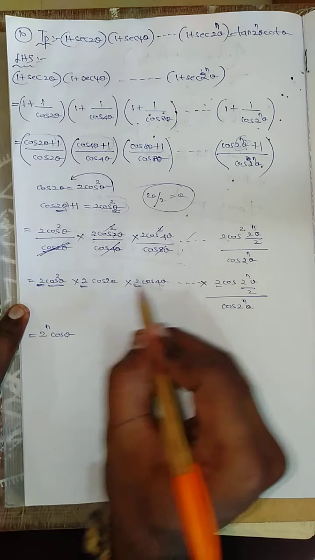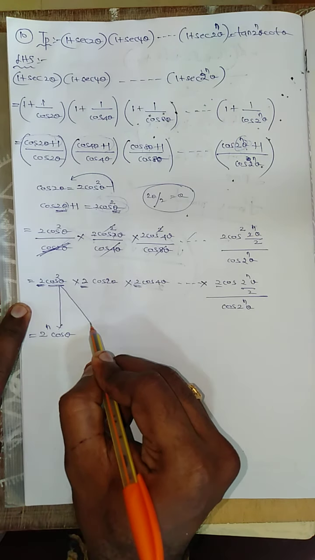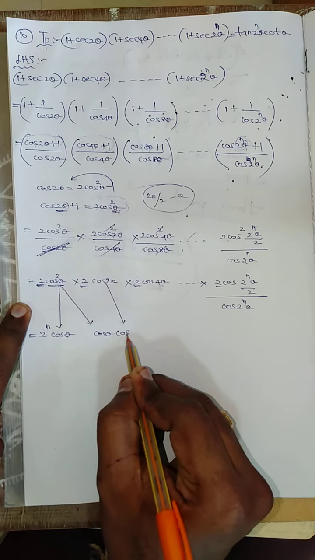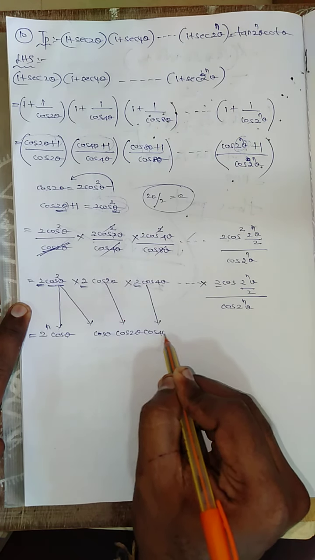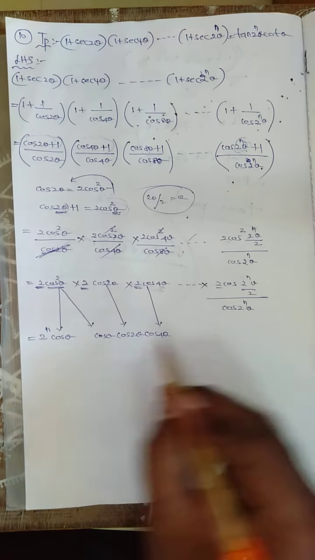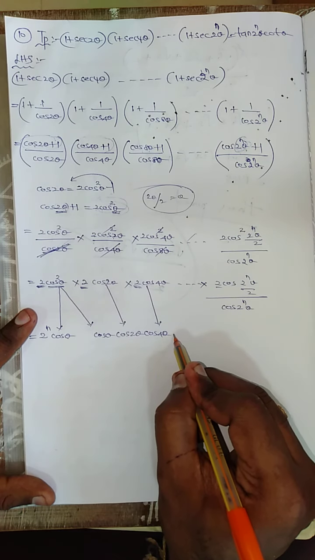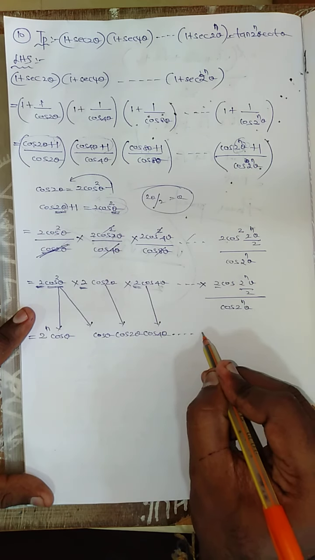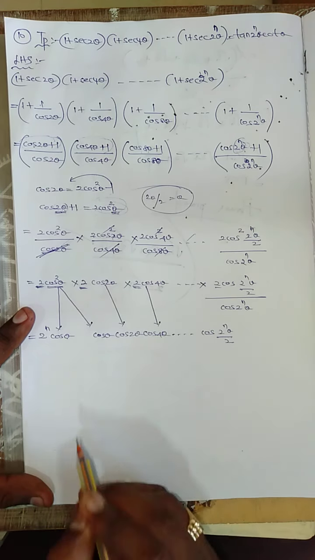Now I write cos theta, cos 2 theta, cos 4 theta, and it goes on like this up to cos 2 power n theta divided by 2.